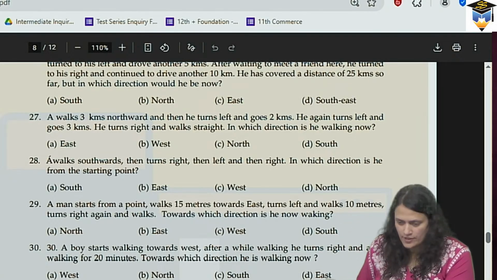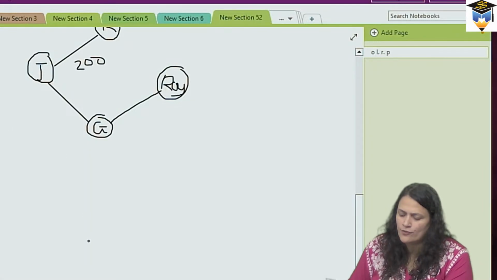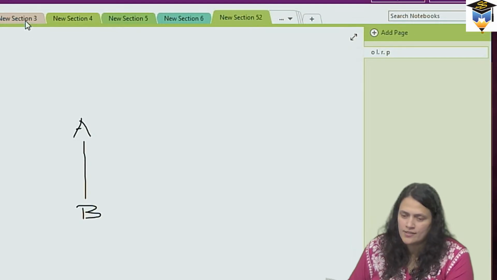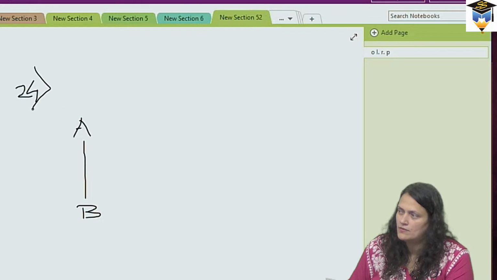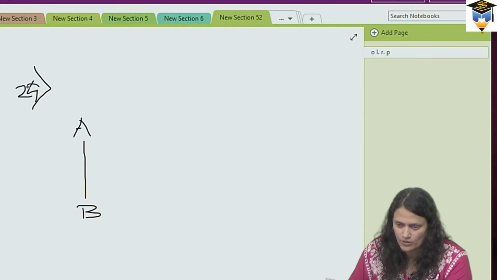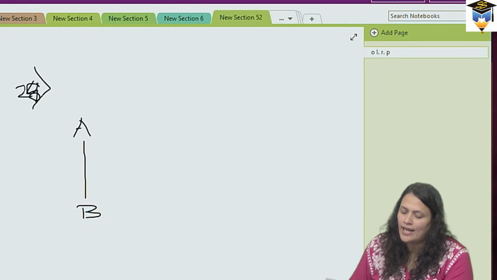So if A walks starting from here, from a point A, suppose this is point A, towards the south to point B. This is the 28th sum. He turns right and goes towards west to point C.